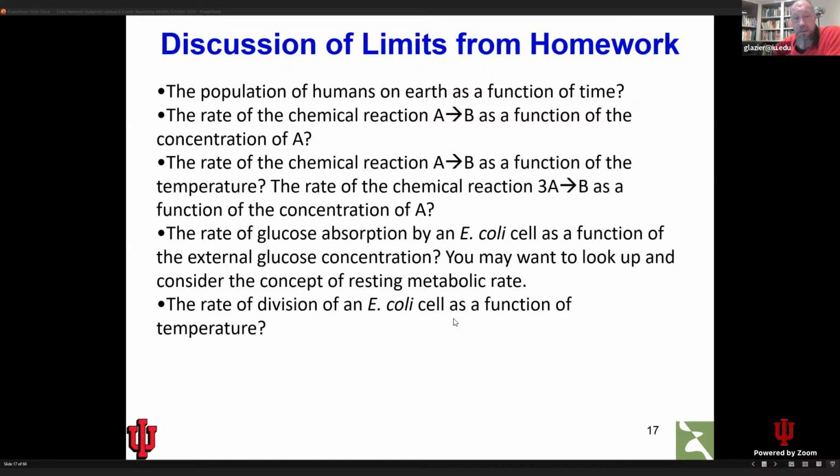And finally, what happens if you put a typical cell into honey? It will die. So again, if the concentration of glucose outside the cell is too big, the cell's going to die. So then the uptake rate will go to 0.